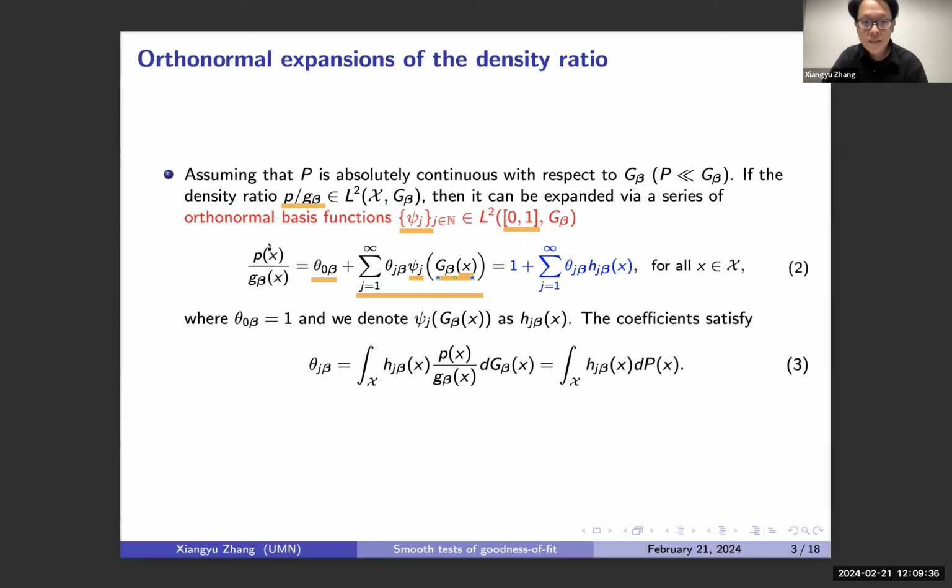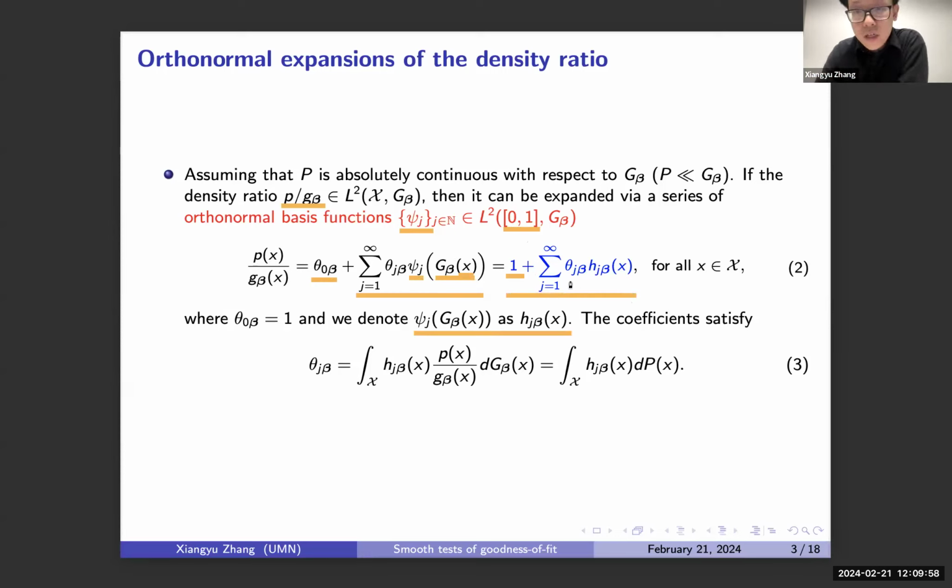And to make this density ratio expansion integrate to 1, we always set theta_0 beta equal to 1, and we denote the composite of phi_j and G_beta as h_j beta of X. And this is what our final expansion looks like.